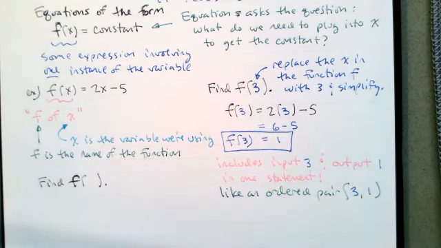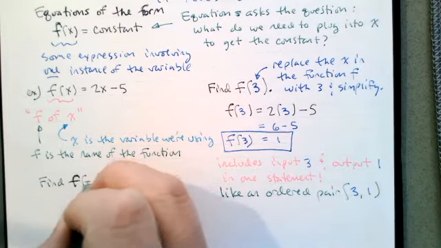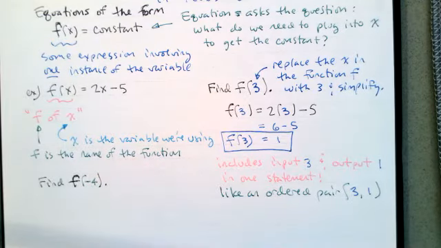So if I said in a different problem, find f of -4, that just means we're going to replace the x with the -4 and then simplify.